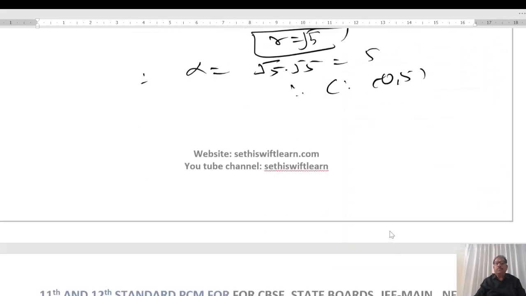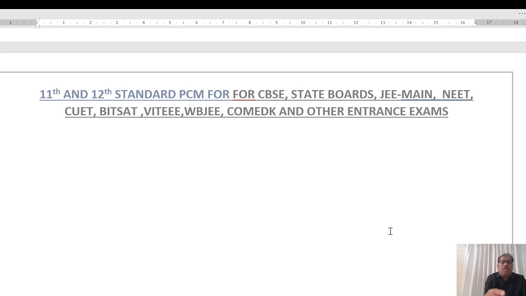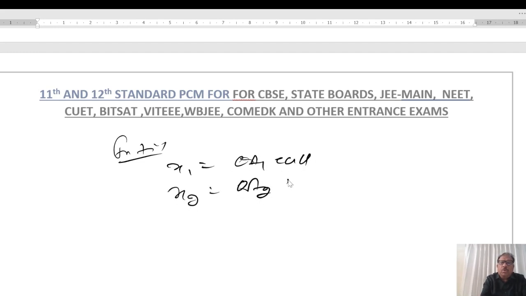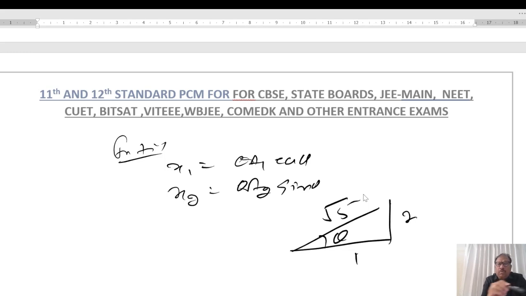Now, x1 from the figure will be OA1 cos theta, and y1 will be OA1 sin theta. We know tan theta is 2, so cos theta is 1 by root 5 and sin theta is 2 by root 5.